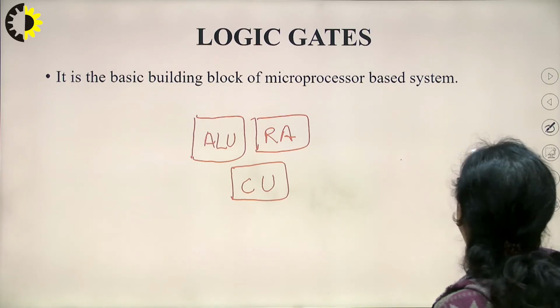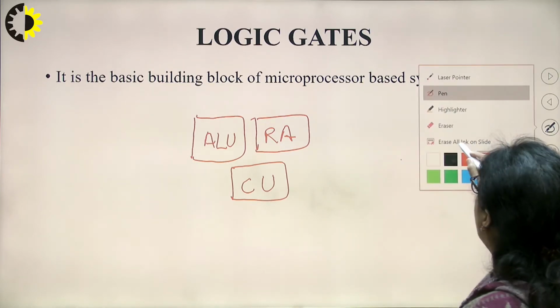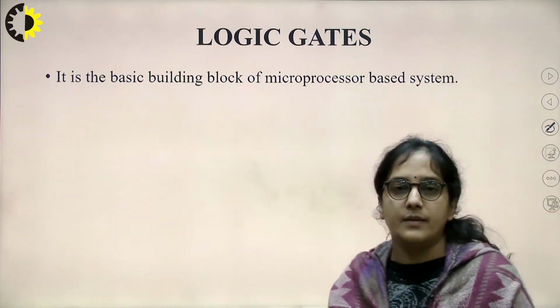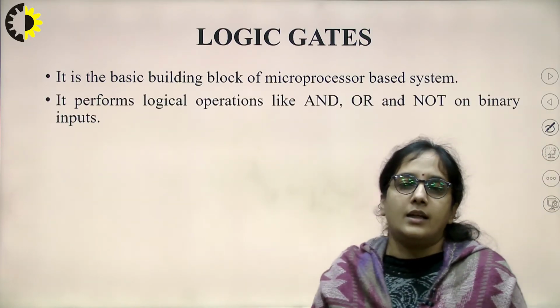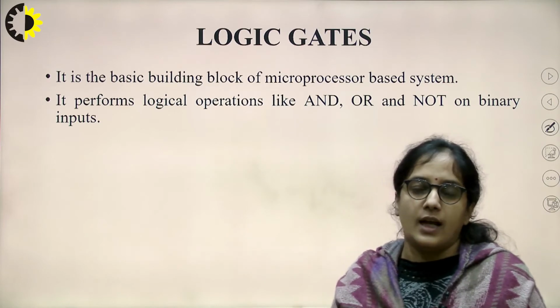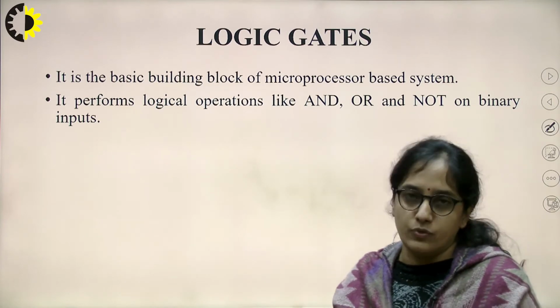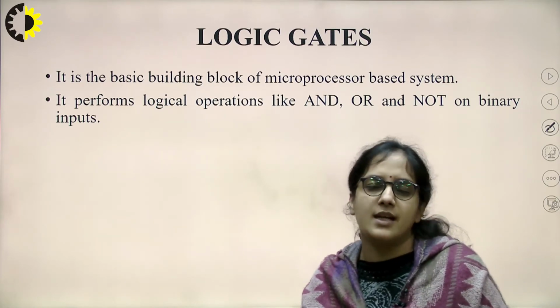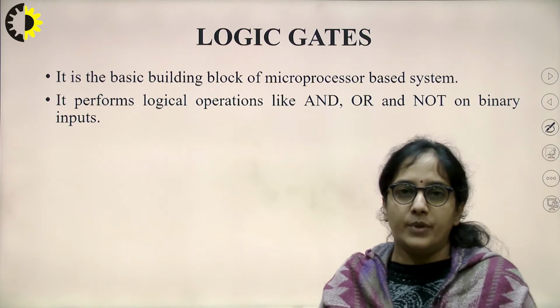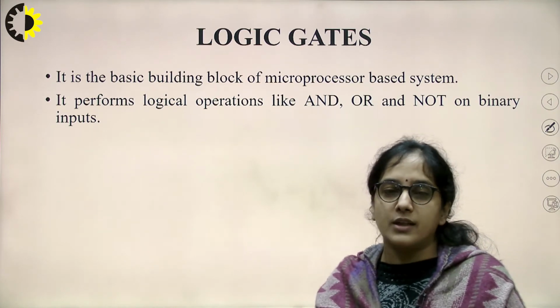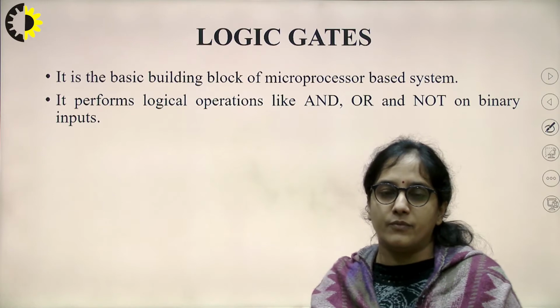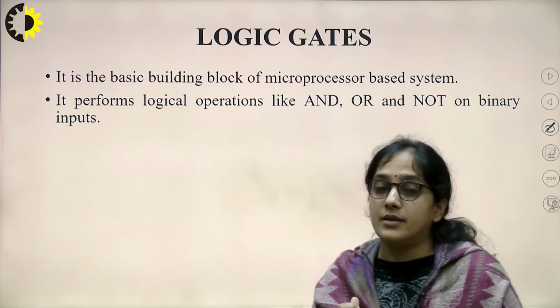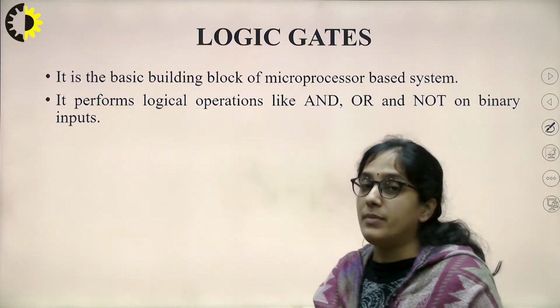Now we are going to discuss in detail what all these logic gates are and what operation each will do. I think all of you are aware of this, but let's have a brief about logic gates so that we can use this concept to understand the working of a microprocessor in a better manner.